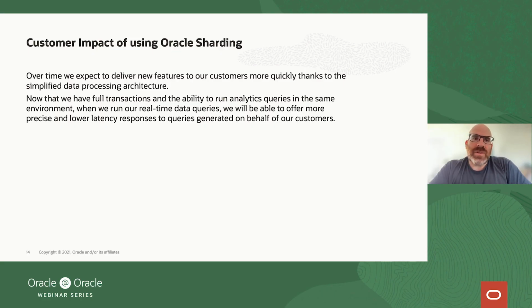And by having Oracle ShardingDB in the BlueKai architecture, we see a future where we'll be able to provide richer analytics, richer machine learning, better understanding of relationships between content on page, people's behavior on those pages. And we think that we can drive a better outcome for our customers as a result.